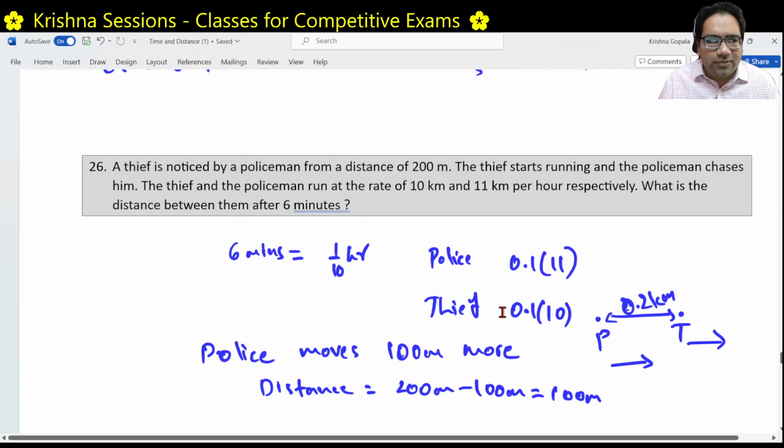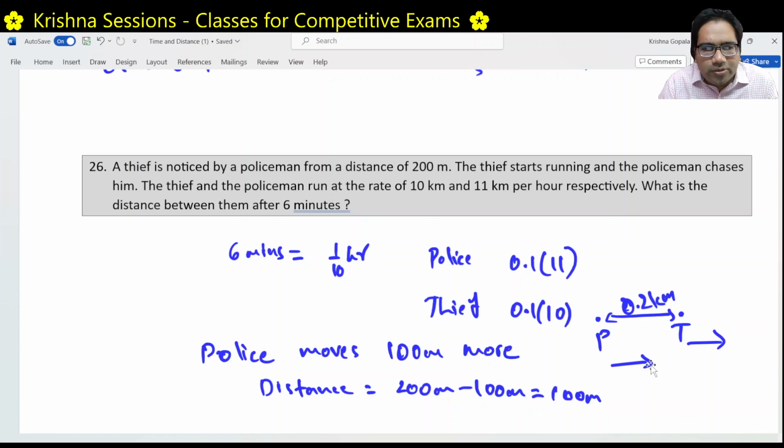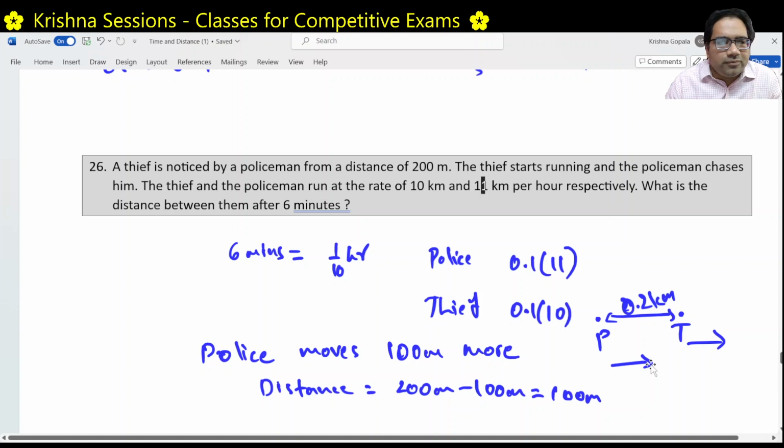We have done it a similar way here, but you can directly do 0.2 by 11 minus 10. Kilometers divided by kilometers per hour gives the number of hours. So this is equal to 0.2 hours, and 0.2 hours is 12 minutes, when both are traveling in the same direction.